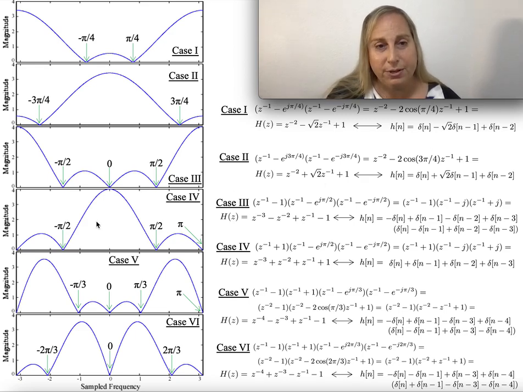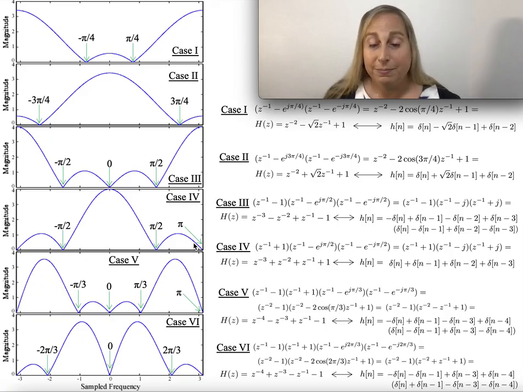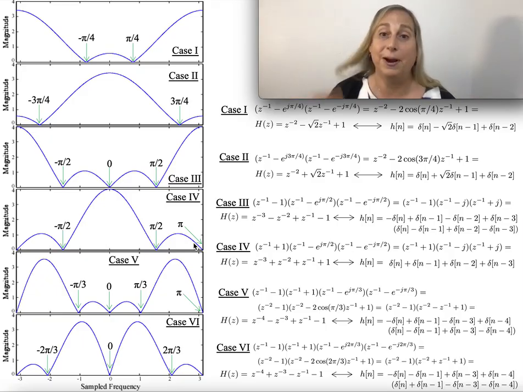The next interesting case is that instead of putting the 2 of them here, I put 2 here and a zero. I'm now going to have 2 of them there, and I'm going to put the other zero at pi, which is also minus pi, because there's a wraparound going on here. Okay, this is cool, right?